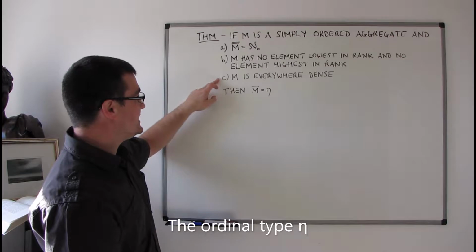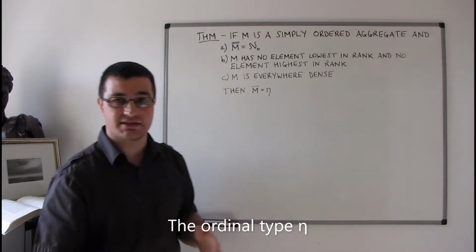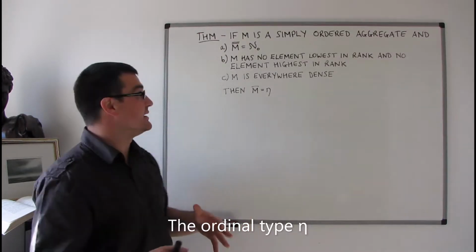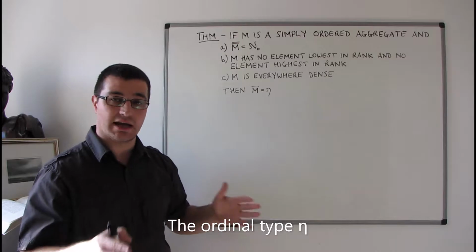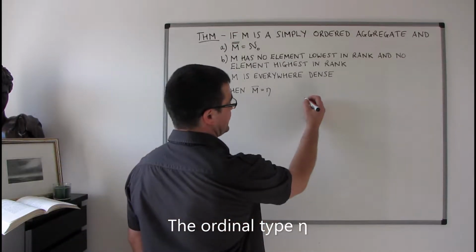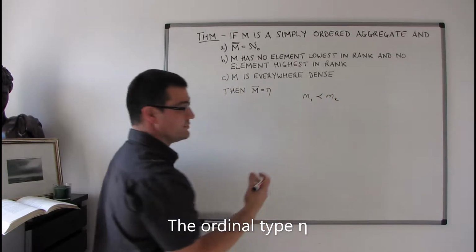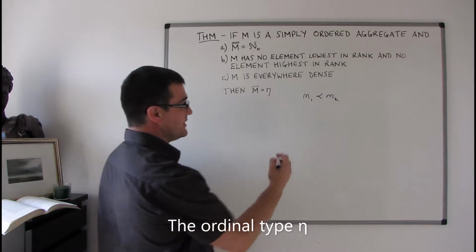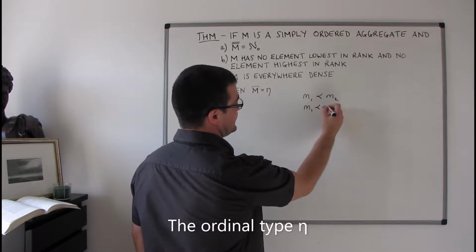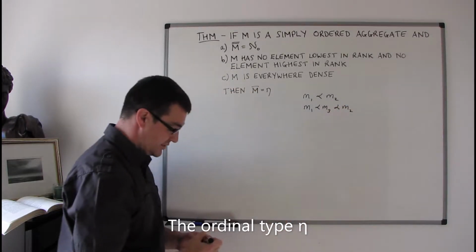Okay, this C, what it means for M to be everywhere dense. So between any two elements of my aggregate M, I can always find other elements of the aggregate. So if I know, for example, that m1 precedes m2 in my aggregate M, then I can always find an m3 such that m1 precedes m3 and m3 precedes m2.